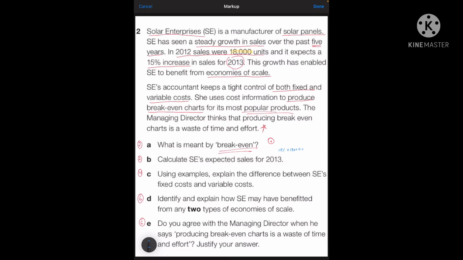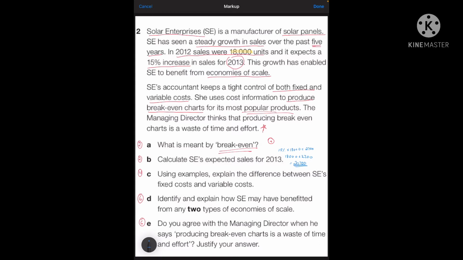So let's calculate 15% into 18,000. It is 2,700. So 15% of 18,000 is 2,700. Now you have to calculate the increase. Increase means you'll have to add it. So 18,000 plus 2,700, and the answer will be 20,700. Okay?